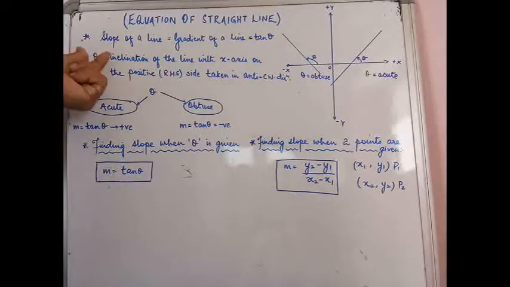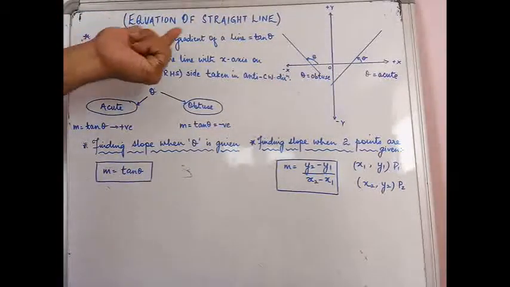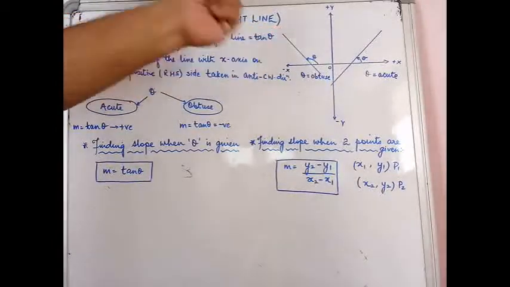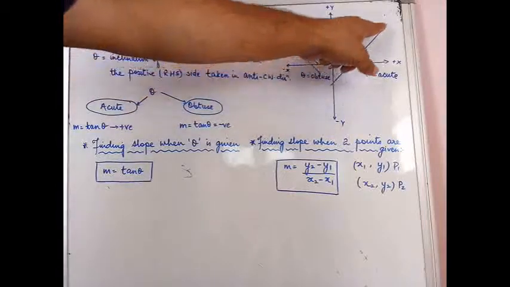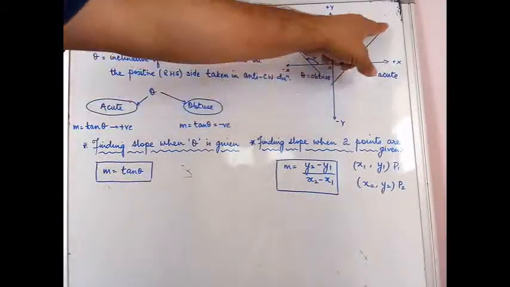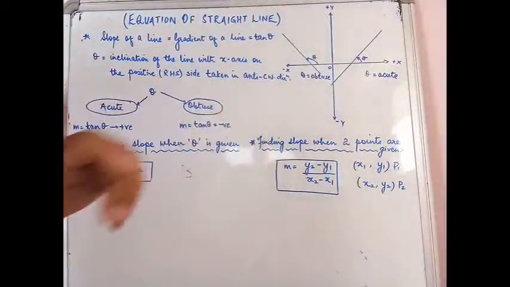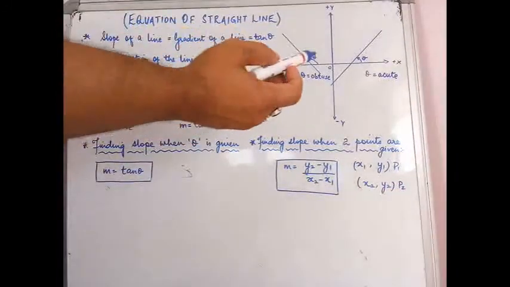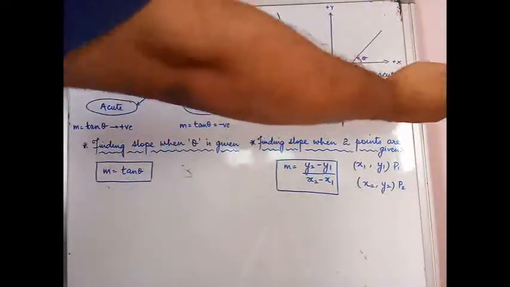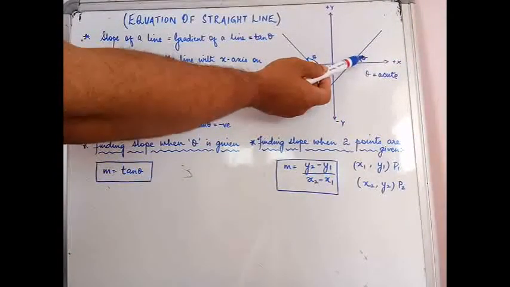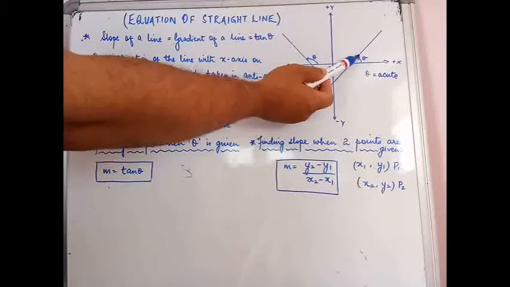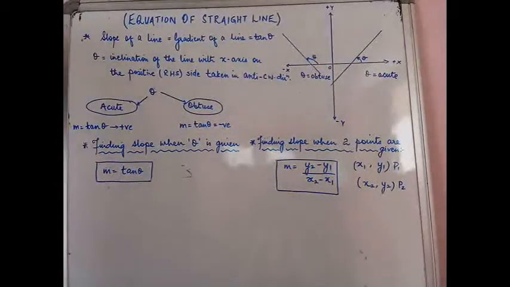So you know that slope of a line or the gradient of a line is equal to tan theta, but you must know what theta is. In this diagram, if I take this particular line, what is theta going to be, and how are you going to measure theta? From the positive direction of the x-axis, which is this side, when you go anti-clockwise, you measure some angle. That angle is theta.